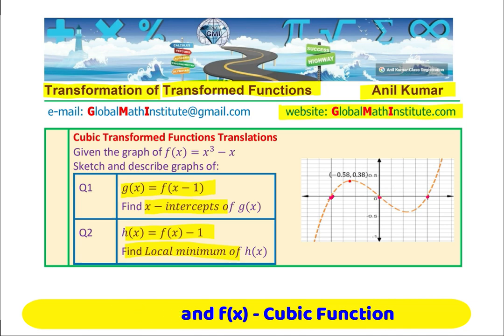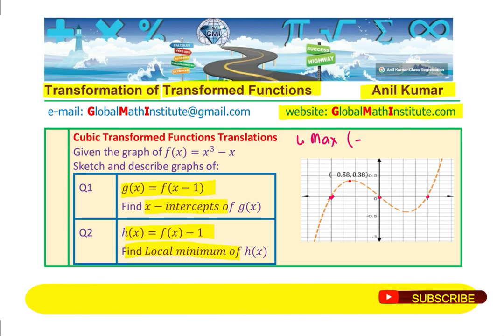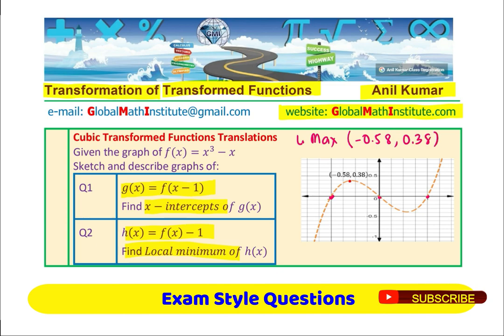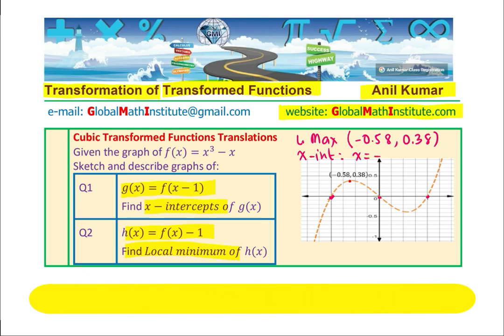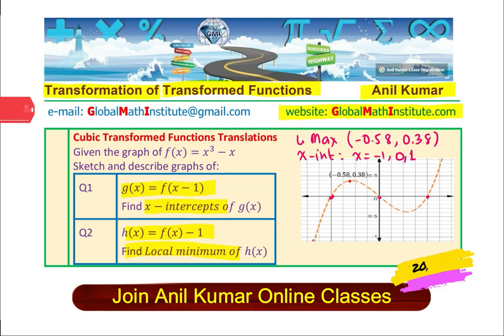Here we are given a local maximum at x equals minus 0.58, with the y value being 0.38. And we are given the x-intercepts at x equals minus 1, 0, and 1. Those are the fine points since the scale is too small to read. Based on this, we are going to answer the questions.